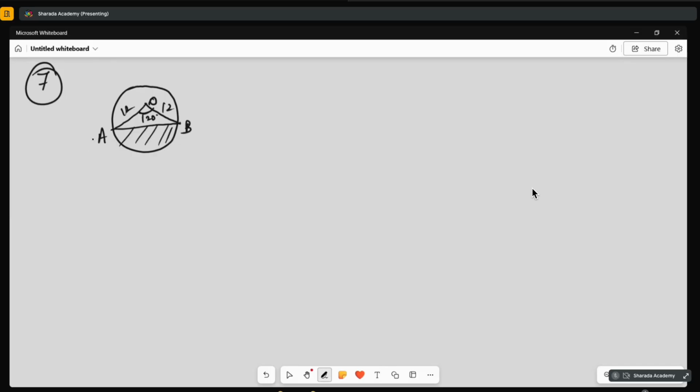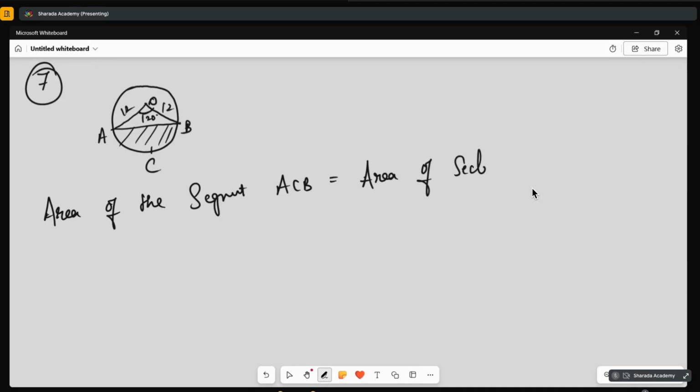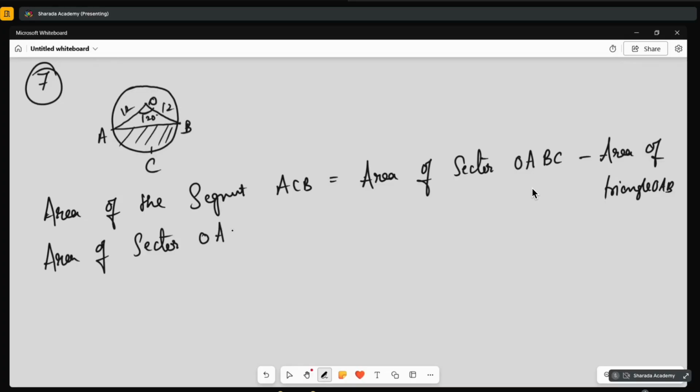So this segment area we have to calculate. Okay. So first, if I mark this as C, area of the segment ACB is equal to area of sector OABC minus area of triangle OAB. So area of sector OABC, what is that?